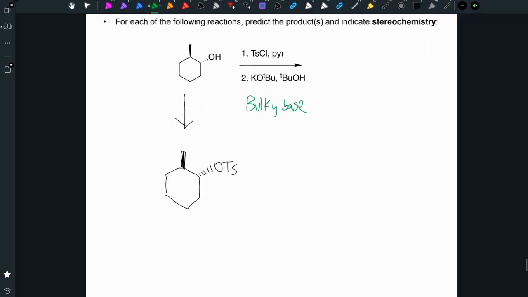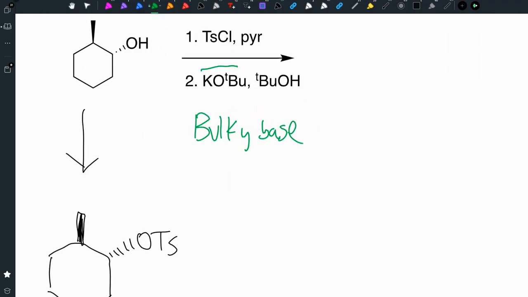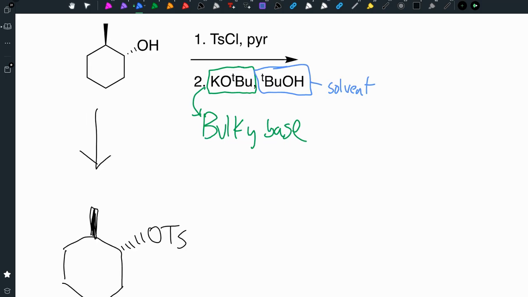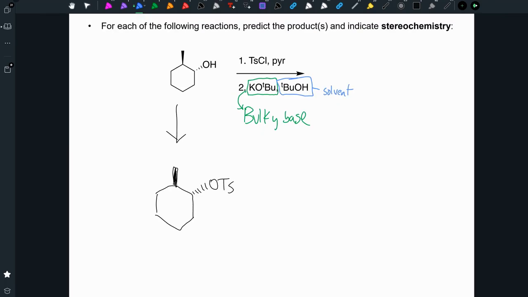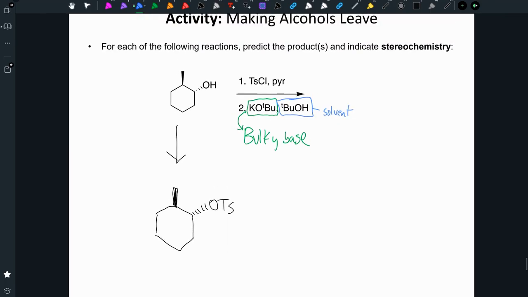Actually, I'll make a point here because I haven't really discussed it much, but this is my bulky base. This t-butanol is just listed as the solvent. You will see in various sources, some sources like to list the solvent every time, some sources don't. So that could be included, could be left out. But that's what it's doing there.